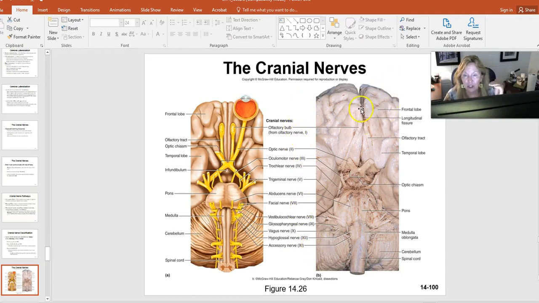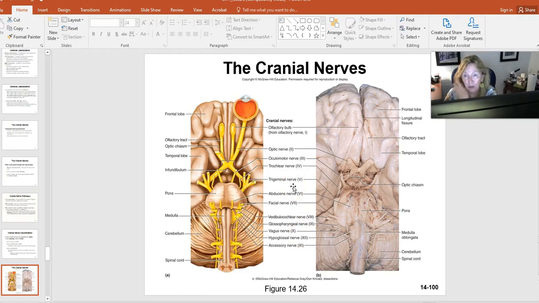They've been numbered just as you would encounter them moving from anterior, in this inferior view of the brain. So if you took the human brain and looked at it from the bottom up, they've been numbered as you encounter them. This is the first one, olfactory, and then the optic comes into play here. And so anyway, that's how they've been numbered.